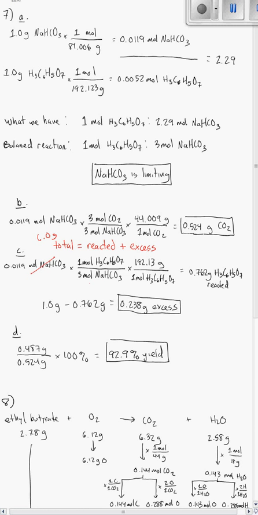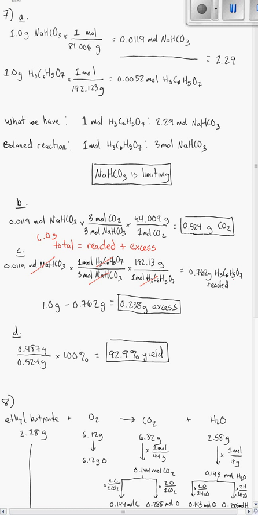So we use that mole ratio to cancel out our moles of sodium bicarbonate. If we stopped here, we'd have the number of moles of citric acid that reacted. I want to go one step further and get the mass of citric acid that reacted, so you do this using the molar mass. In this case, we're multiplying by molar mass because we want to cancel out moles and get grams. So you end up getting 0.762 grams of citric acid that reacted.